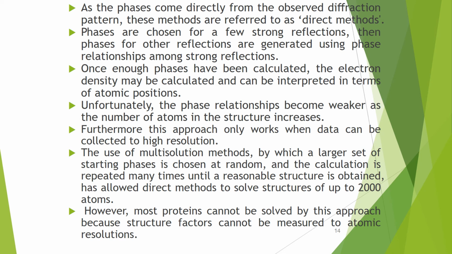Once enough phases have been calculated, the electron density may be calculated and can be interpreted in terms of atomic positions. Unfortunately, the phase relationship becomes weaker as the number of atoms in the structure increases.